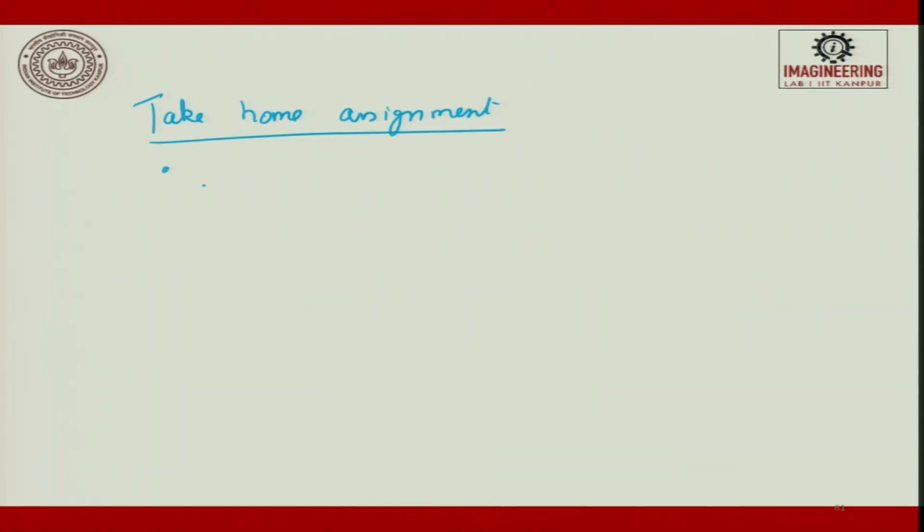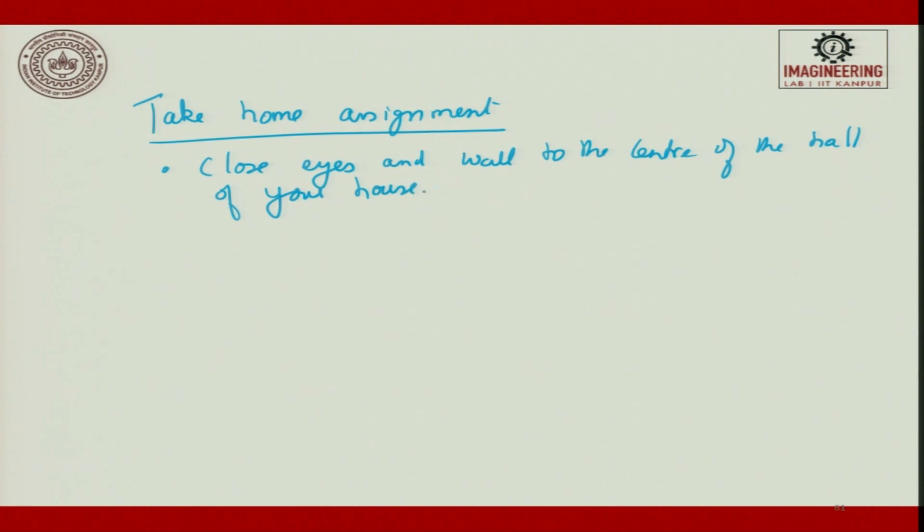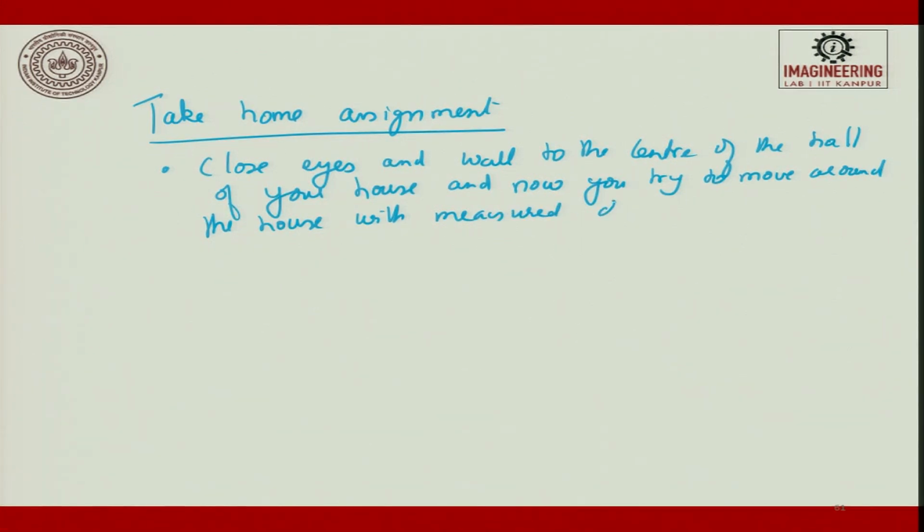First is, let us try to close your eyes and walk to the center of the hall of your house. And now you try to move around the house with measured displacements.